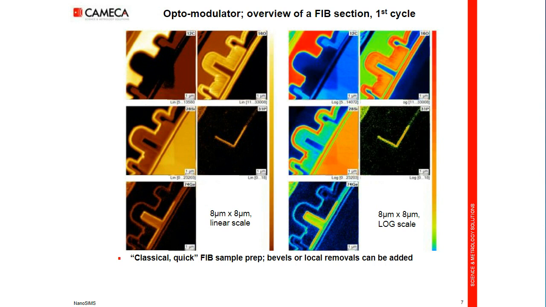On the oxygen image, we can see some curtaining due to the high energy FIB milling. So this can be refined if one wishes to get better surface conditions for TEM, for example, correlative microscopy. But here, it's sufficient.